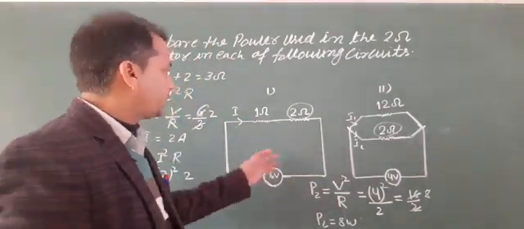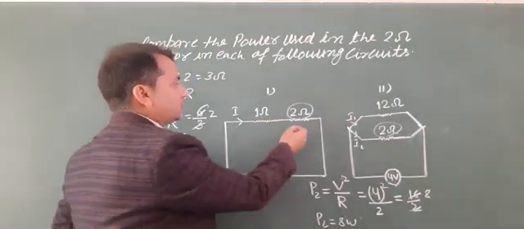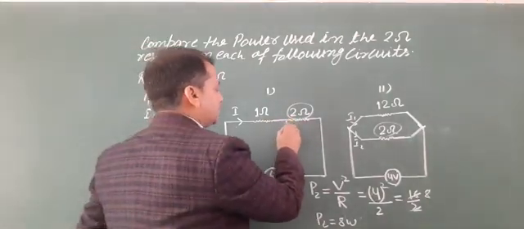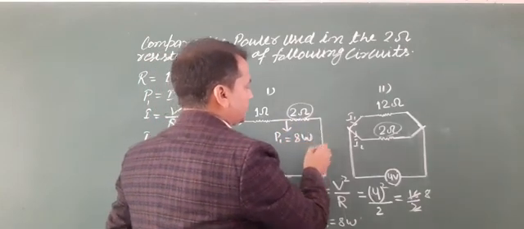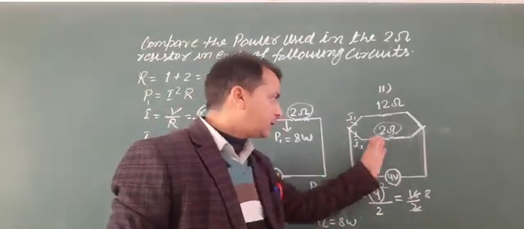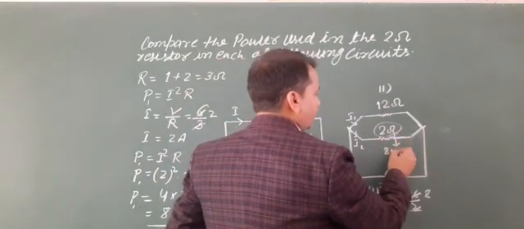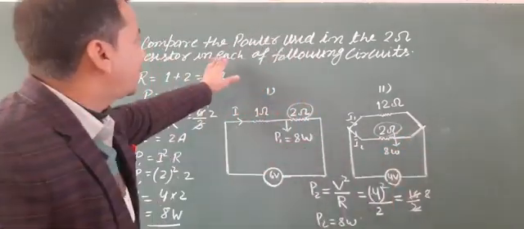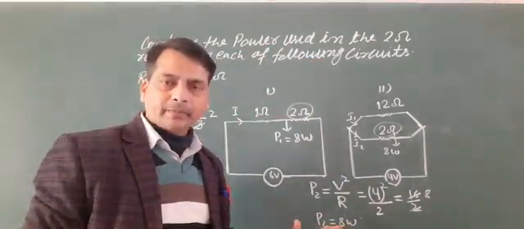So in the first circuit, the power on the 2 ohm resistor, P1, equals 8 watt. Now the second circuit, the power on the 2 ohm resistor is also 8 watt. So in this question, we compare the power used in the 2 ohm resistor in each of the following circuits.